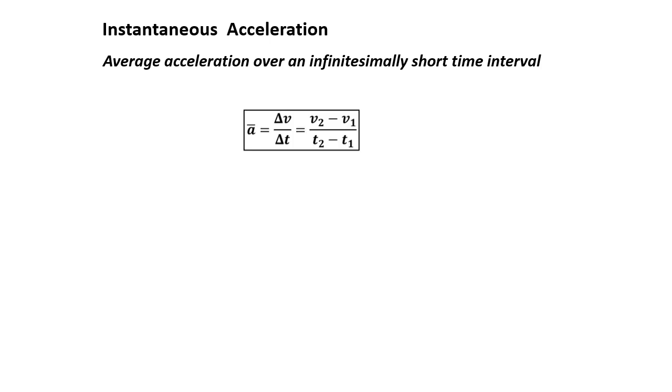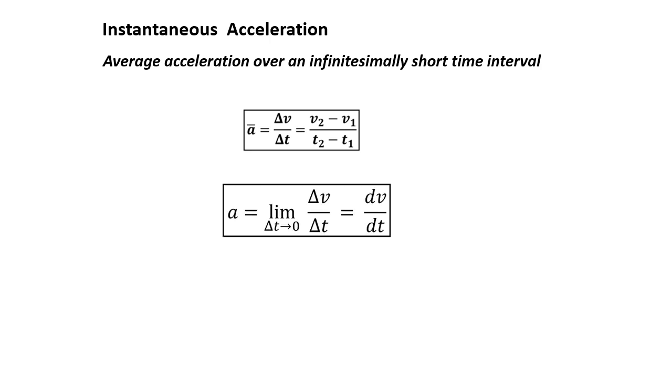So we know how to find average acceleration. This is the formula. Now in the limiting case, when delta t, this time difference, approaches 0, we can write the instantaneous acceleration as dv by dt.